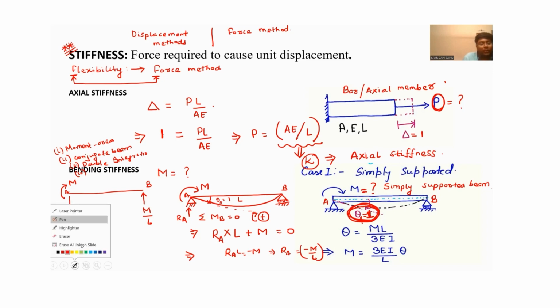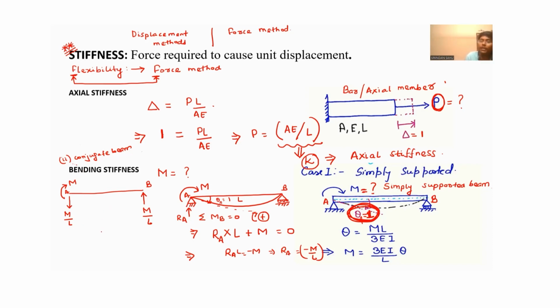Okay, we are not interested in highlighting all those methods. So which method should we use? I think conjugate beam method. So you are interested in the conjugate beam method. So let us proceed with the conjugate beam method.